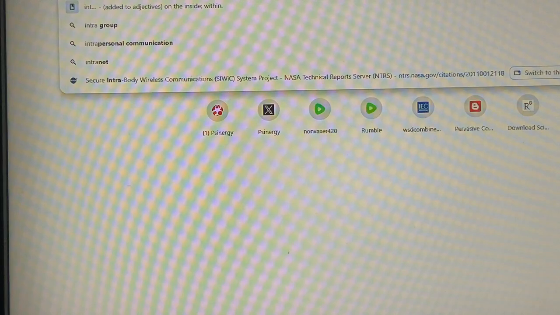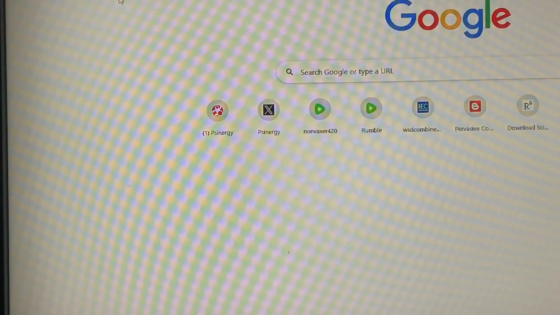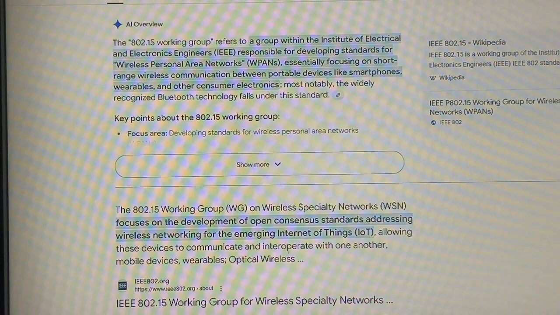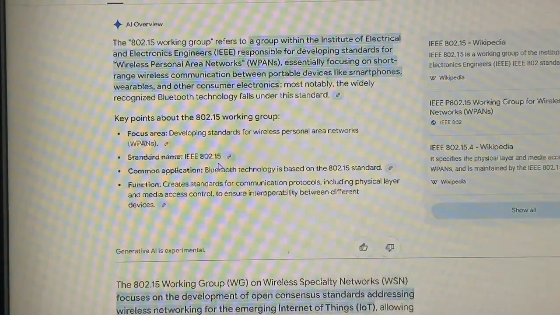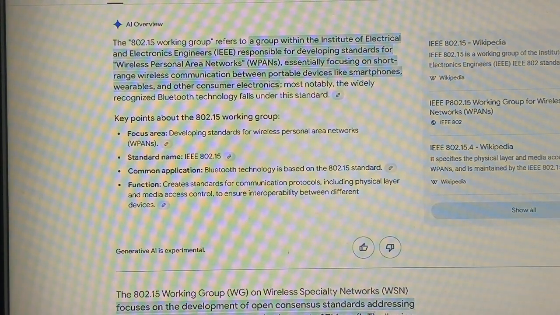This particular link has been giving me trouble lately. I should probably clear my cache. While we are waiting on that, we'll read more about the working group here. Because that wireless personal area network essentially focuses on short-range wireless communication between portable devices like smartphones, wearables, and other consumer electronics.